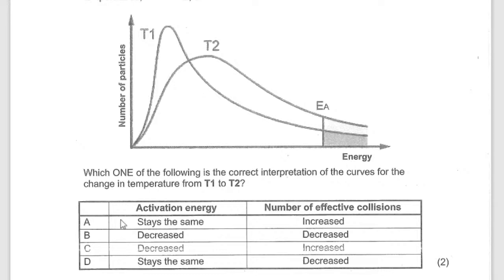So it could be A or D. The number of effective collisions per unit time increases definitely. Here this is wrong, so this one is out. So the most correct answer here is A. Then the next question.